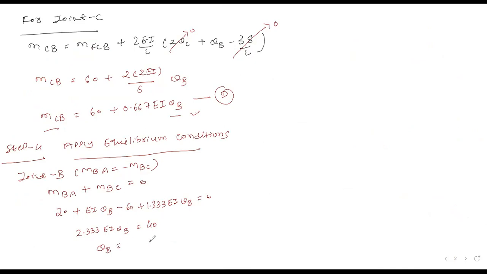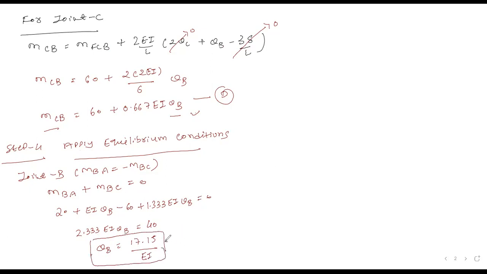40 divided by 2.333, so we will get 17.17, or something like 17.15, divided by EI. Either 15 or 17 will work. This is our value of theta B, that is nothing but the slope at B. Yes or no?